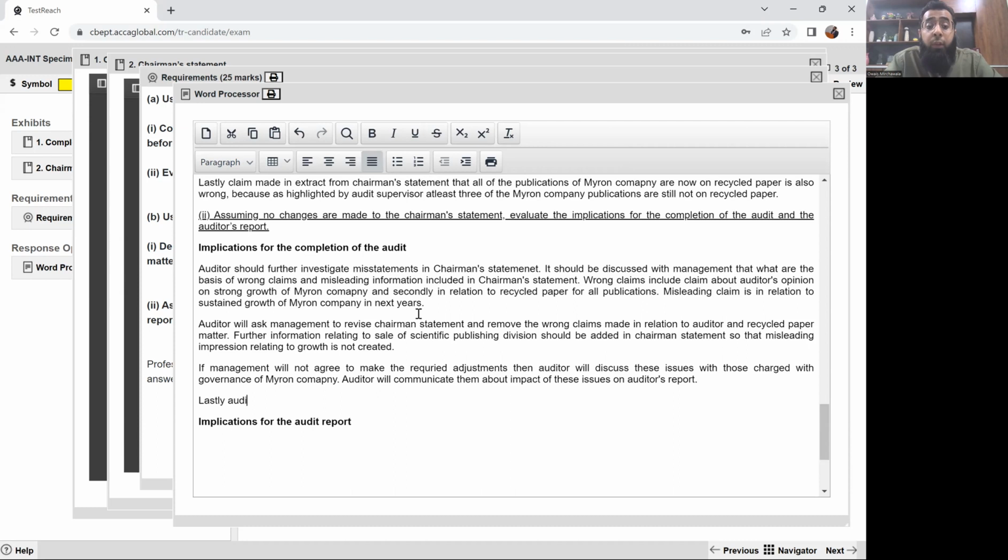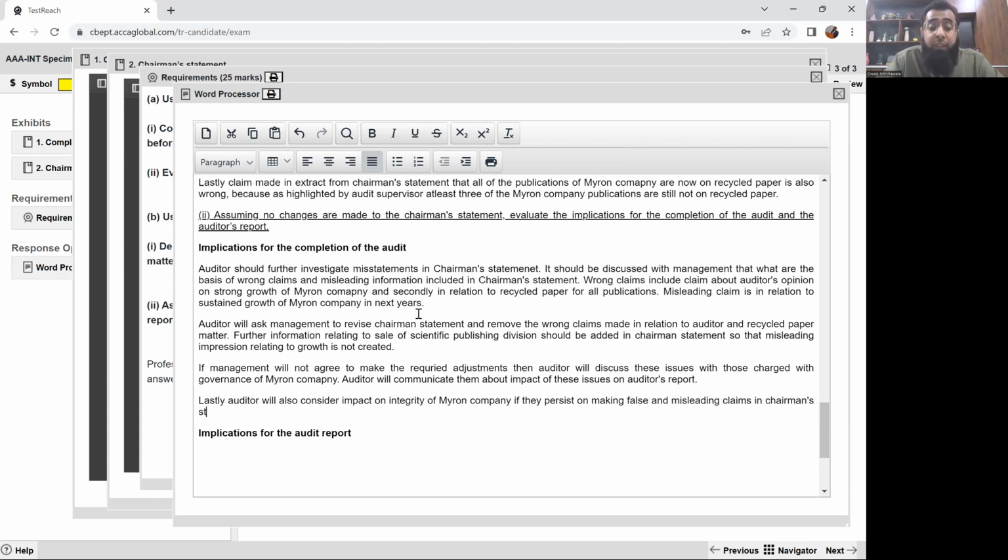Lastly, the auditor will also consider the impact on integrity of Myron company if they persist in making false and misleading claims in chairman's statement.